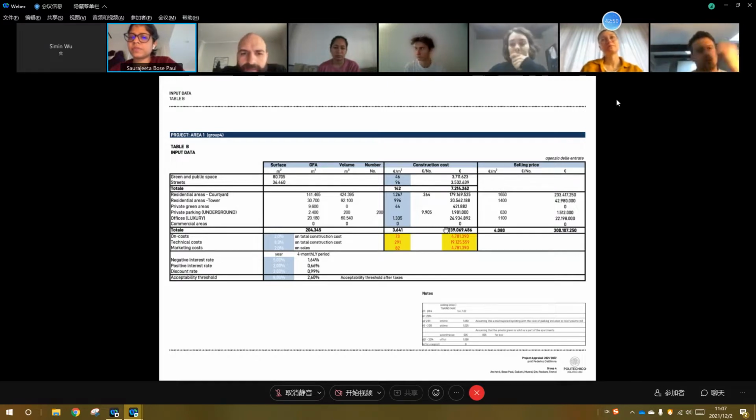For the selling price of the residential towers, we also took the values as optimum, because the private green areas should be included while selling. So we tried to do it like that.